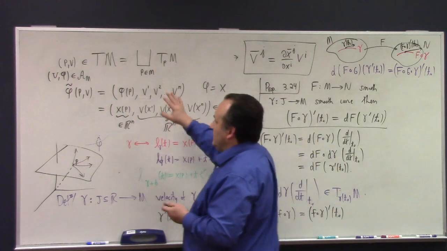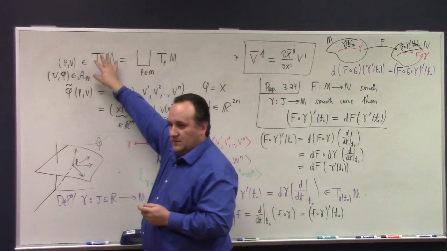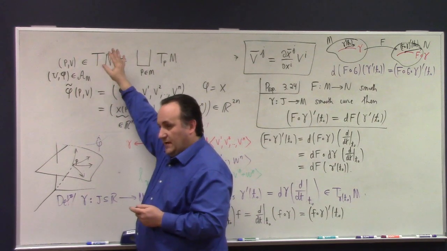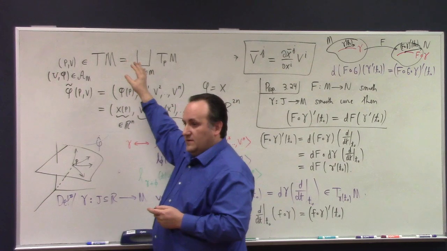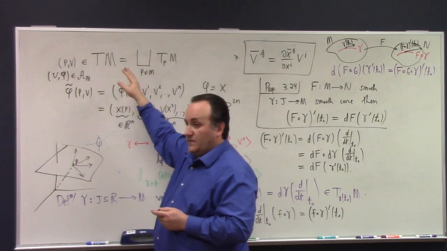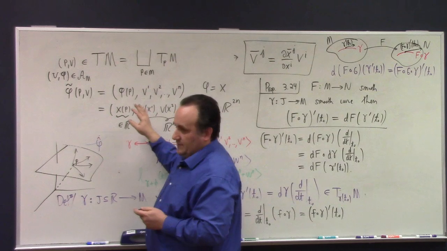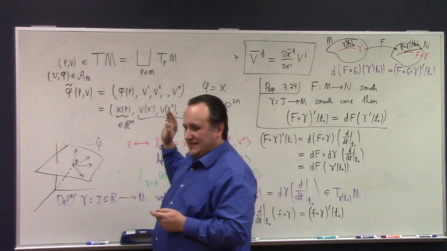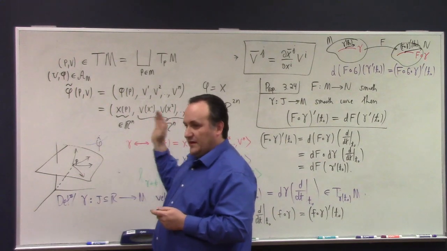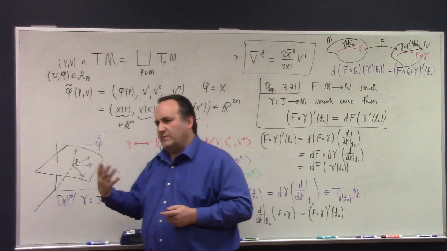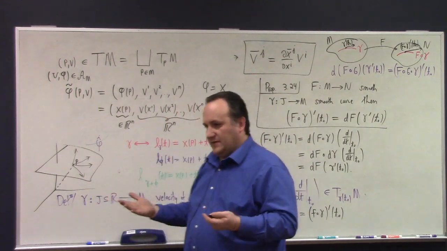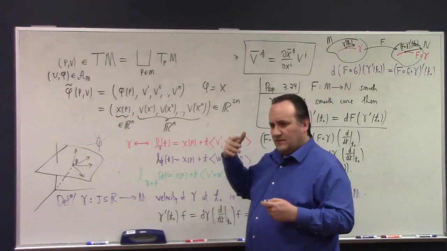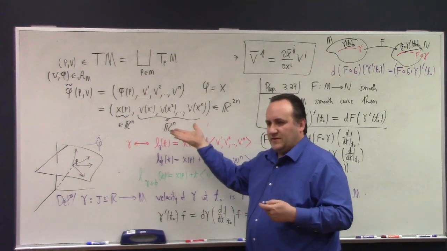So if you had one coordinate chart which covered the whole manifold, like a global coordinate chart for your manifold, it turns out that means the tangent bundle is diffeomorphic to the Cartesian product of M and Rn. And that is equivalent to the existence of a non-zero vector field on your whole manifold. So existence of non-trivial vector fields over the whole manifold is an interesting topic in and of its own. So we'll be talking more about these. I just wanted to throw out, just to get us started, that's what the tangent bundle is.